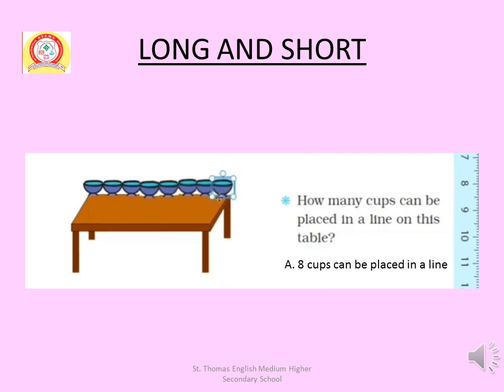Now, we have placed the last cup and let us count how many are there. 1, 2, 3, 4, 5, 6, 7, 8. So, the answer is 8 cups can be placed in a line.